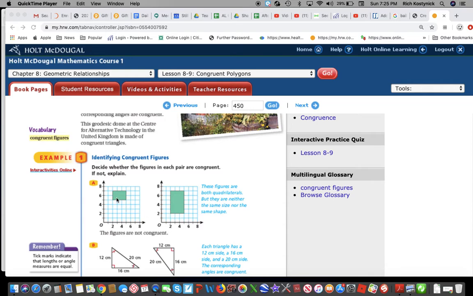So they're each 3 wide, but they're not the same length. Therefore, they're not congruent. Are these figures quadrilaterals? Sure they are, but they're not the same size. They would be an example of what is not congruent. Not the same size, although they are the same shape. They need to meet both criteria.